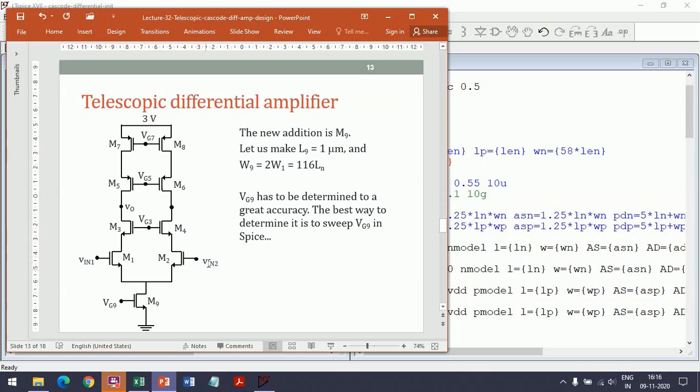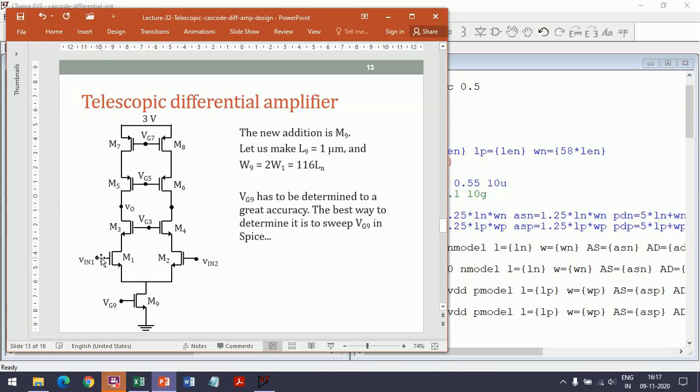So this was 0.54 for the single input telescopic cascode. Now of course there is a transistor below, so if we keep this as 0.54, then obviously with this also around the same voltage, M9 will be in triode. Alright, if this is 0.54, M9 will go into triode.